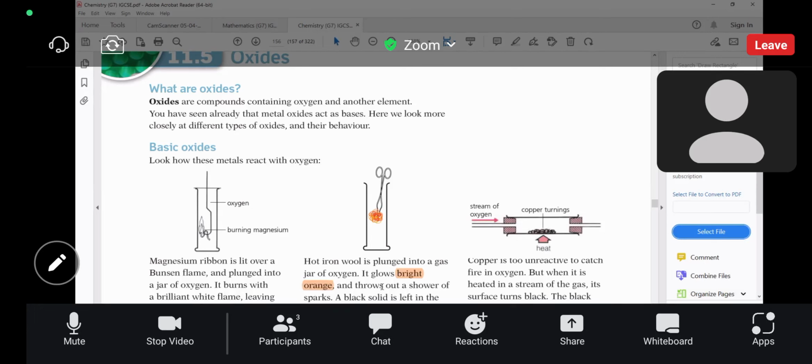After that you can tell the color of the product also: it ends up as a black solid. So that is the observation you have to write. It glows bright orange, throws out a shower of sparks, and a black solid is left in the gas jar. Inside the gas jar, finally there will be a black color.